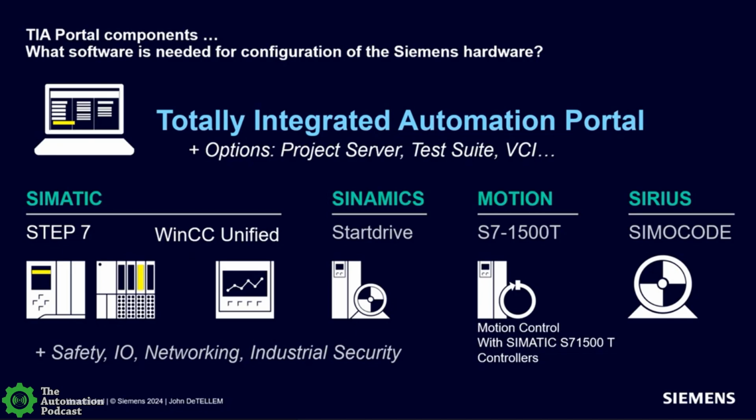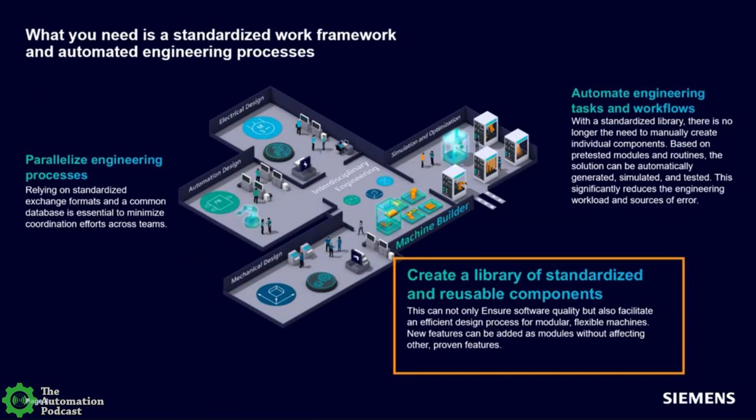Unified is our current and future going forward version. And then we've got Sinamics for Startdrive, motion control, and the Simicode and that clickety clack technology that we have on the control cabinet is all part of this one common framework.